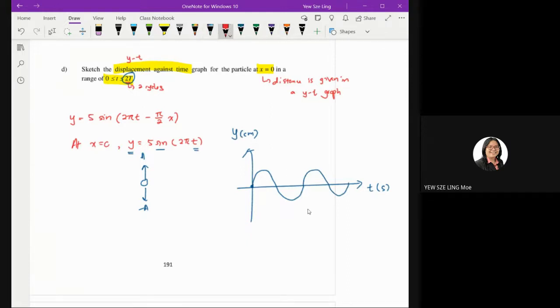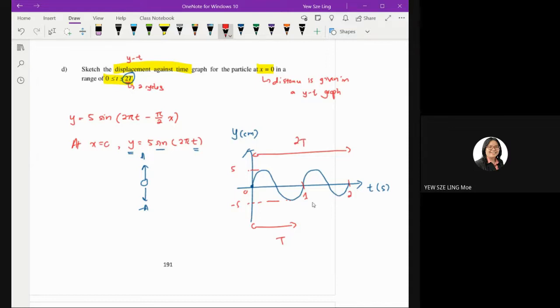Now that you have the shape and the axes, remember to label the amplitude and also the period. So this is 5, this is 0, this is -5, and the period given just now is 1 second. So 2T is 2 seconds. This is 1T, and from here until here, this is 2T.